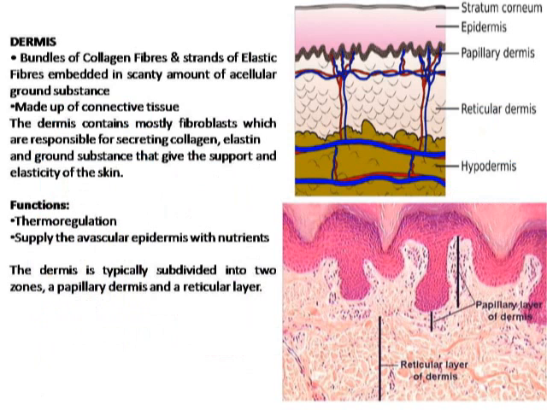Now coming to the dermis part, it is considered as the core of the integumentary system, and it contains blood and lymph vessels, nerves and other structures such as hair follicles, sweat glands.